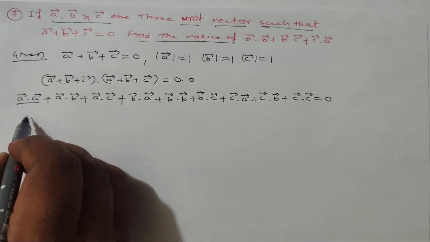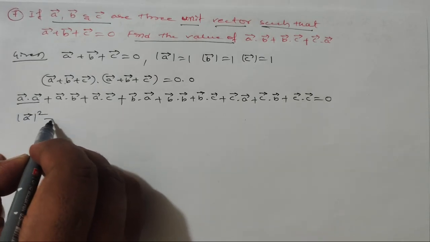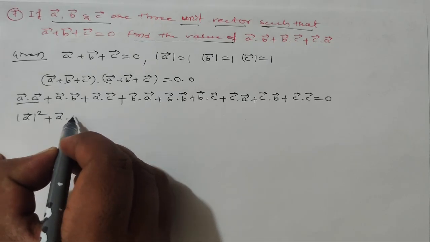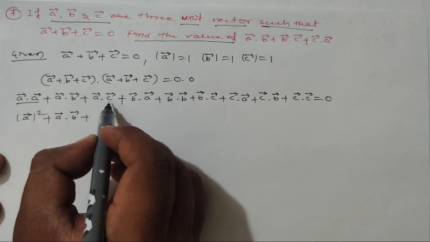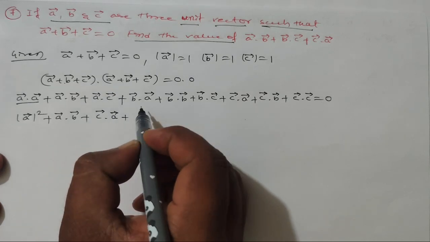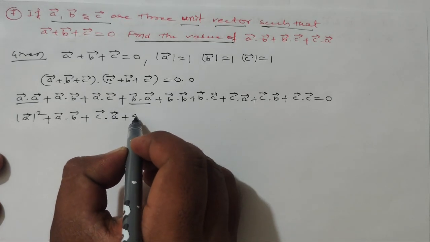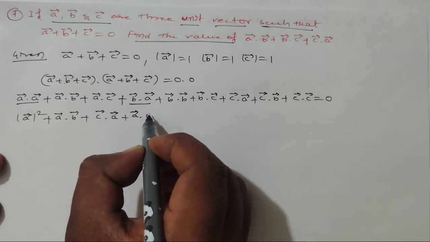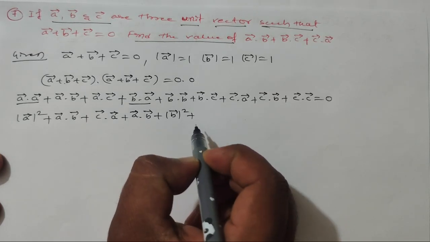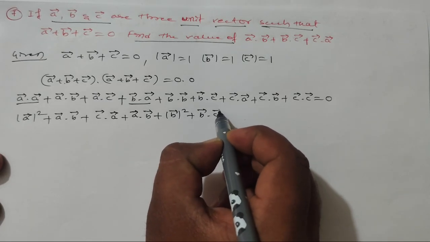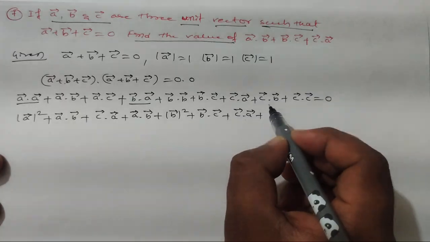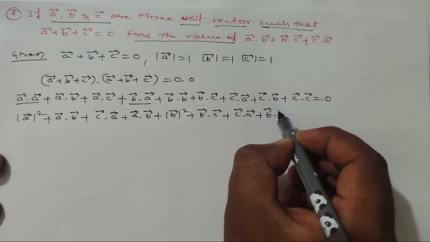Now what is a dot a? Magnitude of a square. Next a dot c, can I write it as c dot a? Next plus, can I write b dot a becomes what? a dot b. Next, what is b dot b? Magnitude of b square plus b vector dot c vector plus c vector dot a vector plus, can I write c dot b becomes b vector dot c vector?